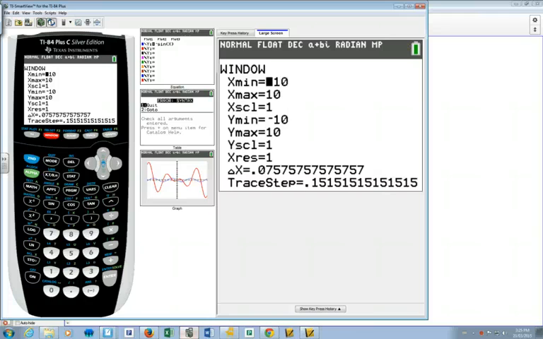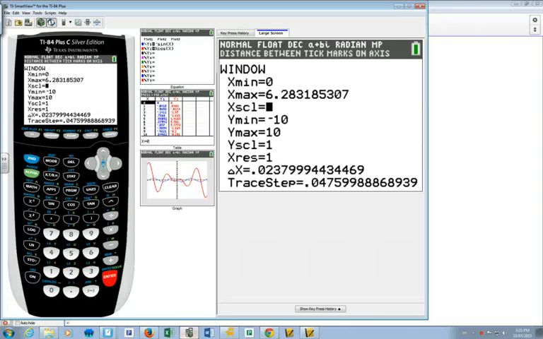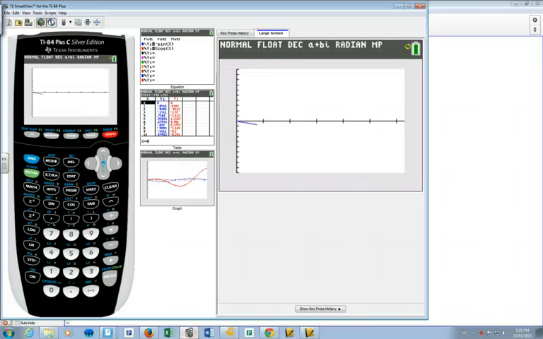I'm going to set my window up from 0 to 2 pi. And I'm just going to hit graph to see preliminary what's happening.